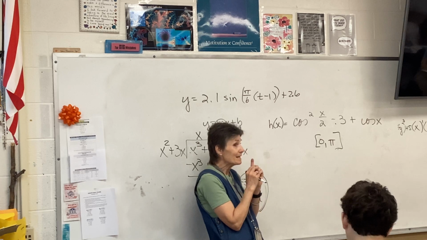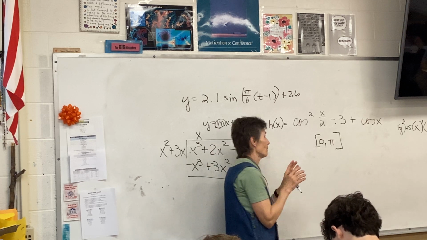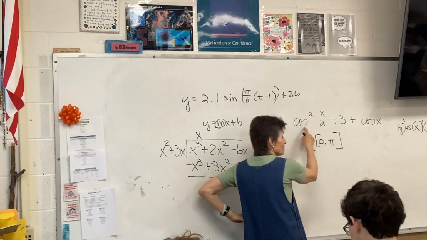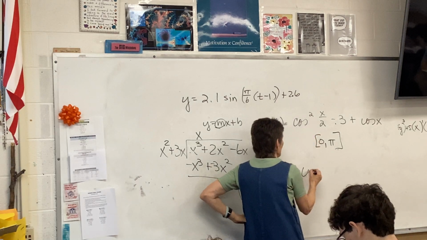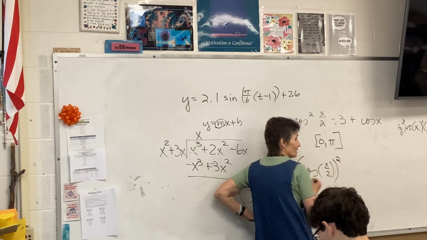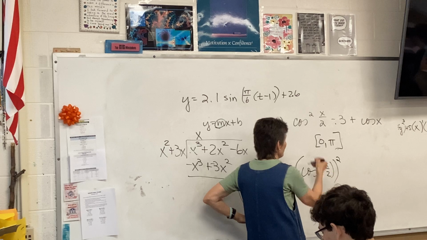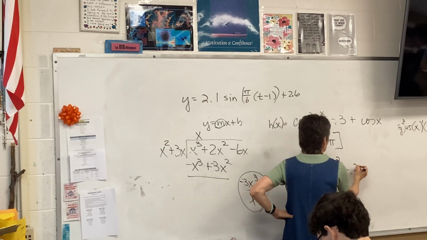Now, putting this in may be tricky for some of you. Remember, this means cosine x over 2 squared. So you've got to use some parentheses here to type that in.